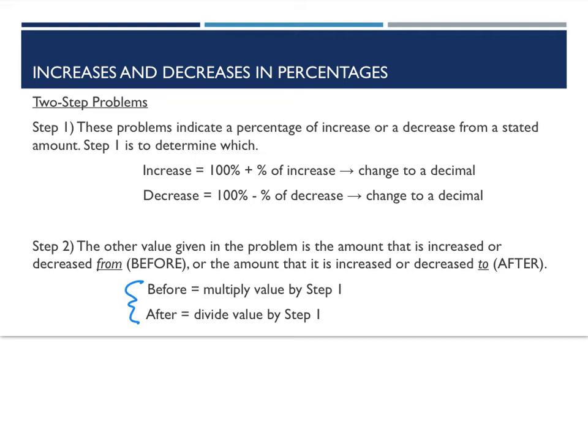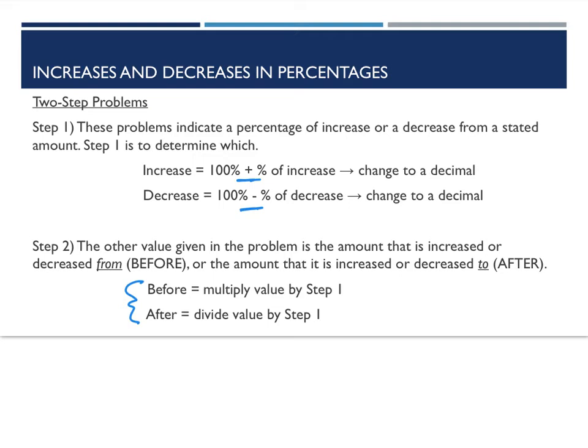So step one, we decide with our percentage whether we add our percentage to 100 or subtract our percentage from 100, based on whether I had a percentage increase or decrease. Increase is plus, decrease is minus.